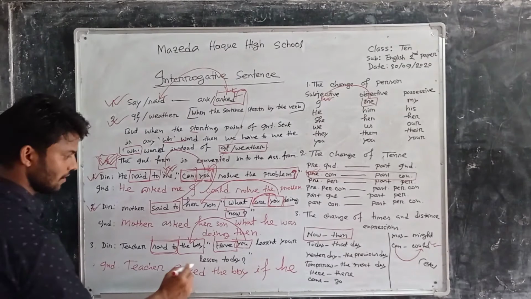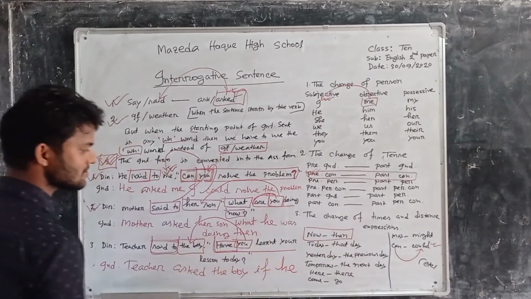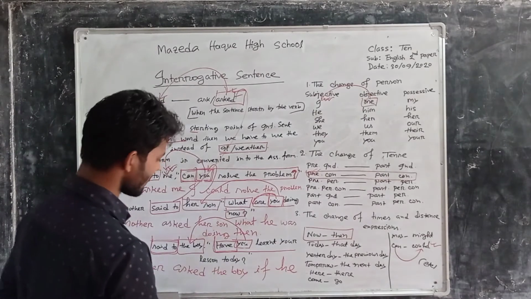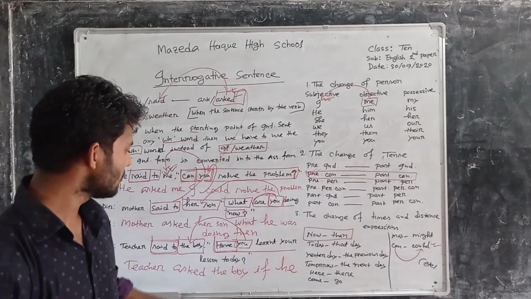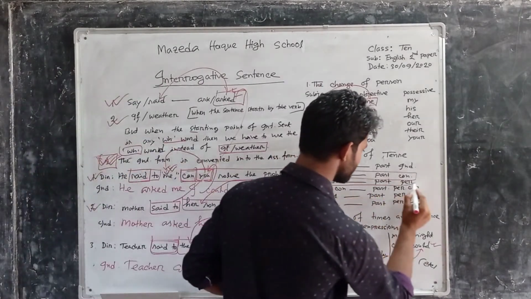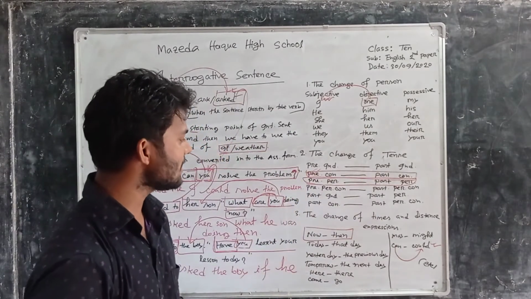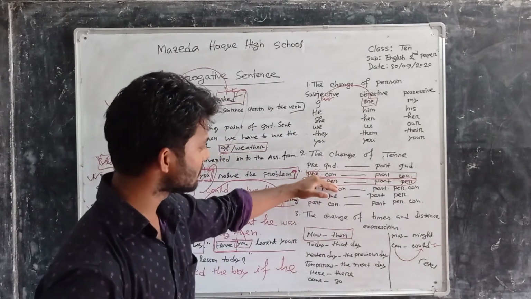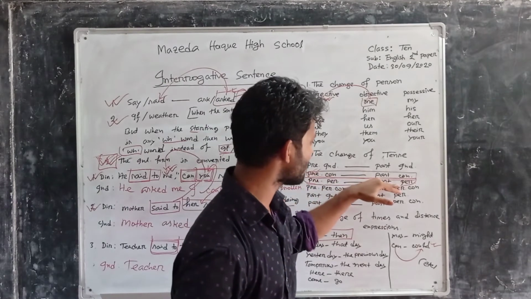Then, we are seeing this sentence is in present perfect form. So we have to change it according to the rule. If the sentence is present perfect, we have to convert it into past perfect.